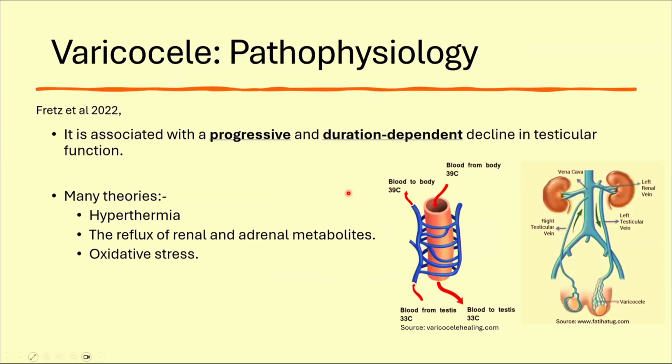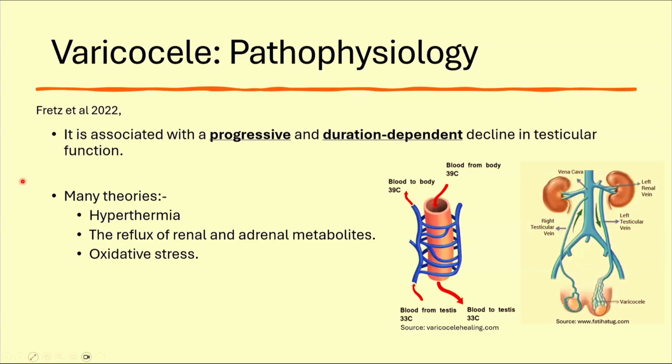Now, the varicocele pathophysiology. Before we talk about the theories, which are speculated on how varicocele induces testicular damage, we should establish first that varicocele is progressive and duration dependent, meaning if a varicocele is present today, with time, the micro damage that happens in the testes might show later on rather than when it presents.